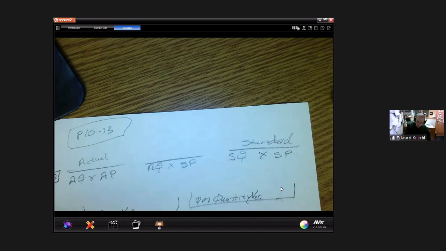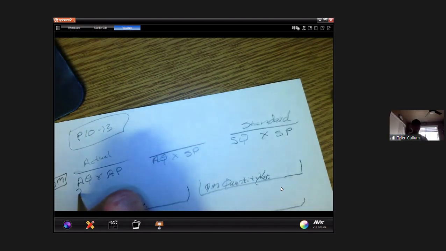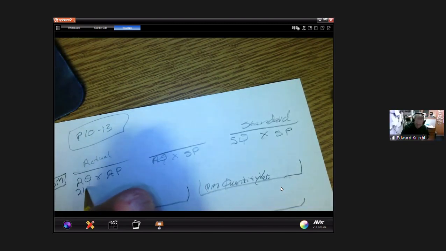So if we produce 12,000 units, we can multiply the number of units times the actual board feet used, which happens to match our standard. So did you get 21,600, Tyler? Yep. So that goes right there where the quantity is.